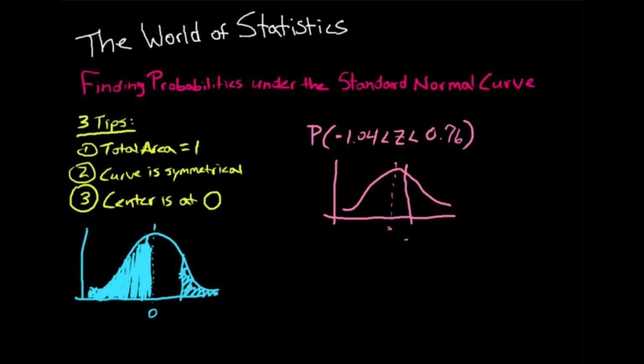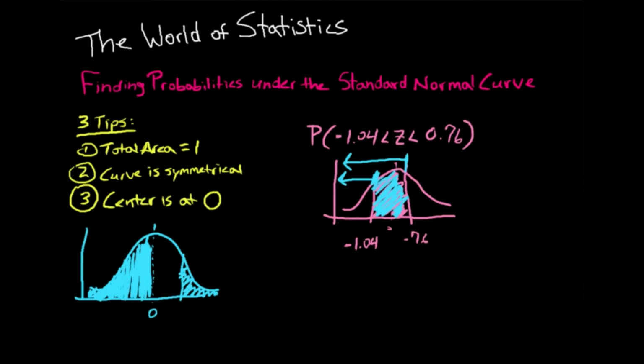So we want to find the area between 0.76 and negative 1.04. So we're interested in everything in between. Just like last time, we're going to take everything that's lower than our top value, and we're going to subtract everything that's lower than our bottom value, and that's going to give us the area of interest.